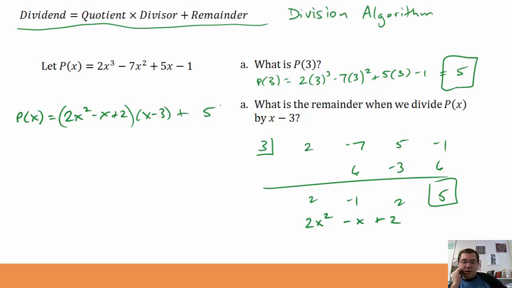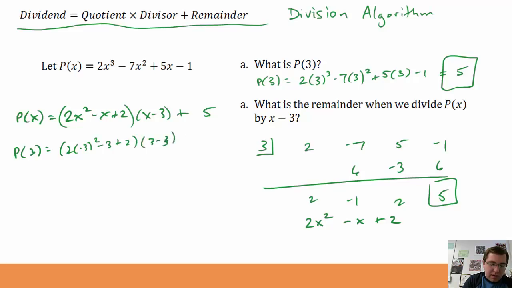I can write that according to the division algorithm. Well, what is p of 3 then, evaluating that? Well, I'd have 2 times 3 squared minus 3 plus 2 times 3 minus 3 plus 5.